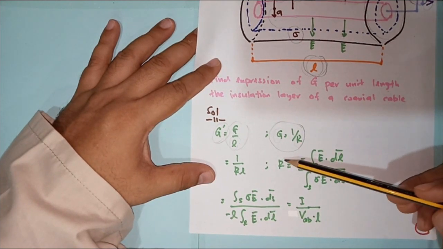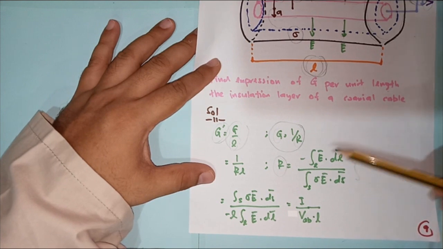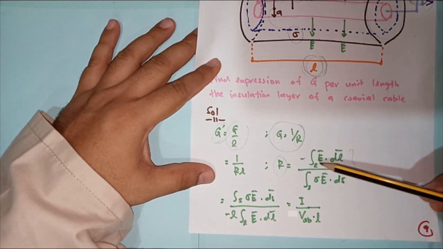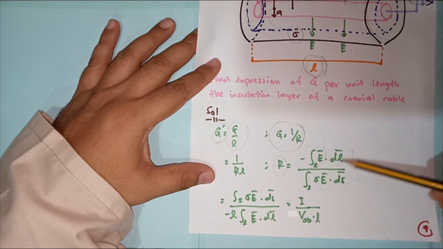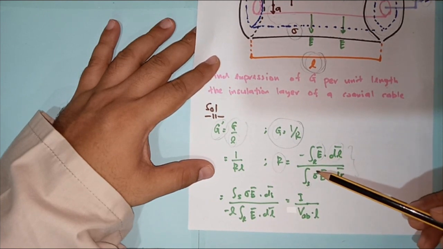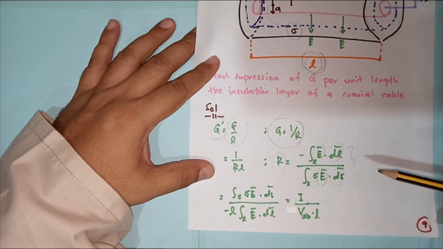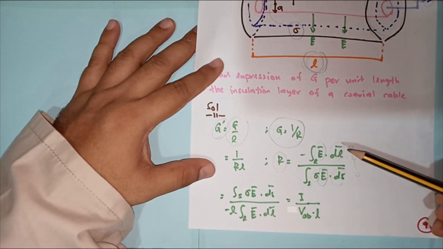As we derived before, the expression for R is equal to this expression: minus the integration over L of vector E dot vector dl, divided by the integration over the surface of sigma vector E dot vector dS.